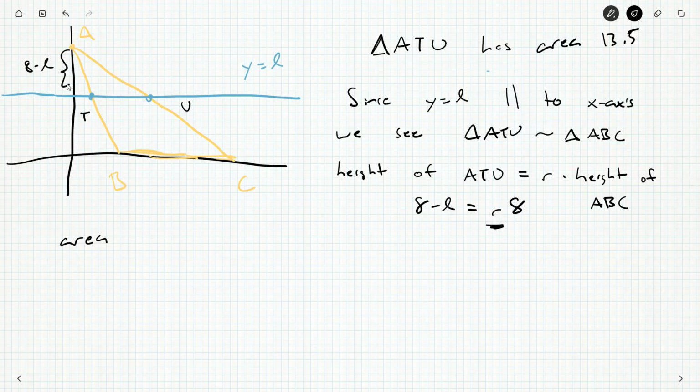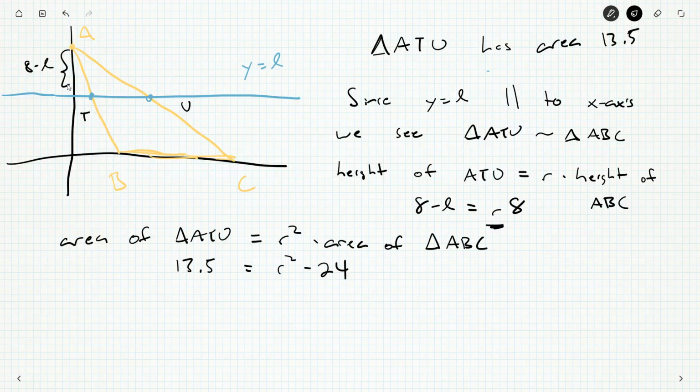Well, the nice thing about similar triangles with the areas and their side lengths having a common ratio, the area of ATU, if their lengths are off by a factor of R, then their areas are off by a factor of R squared. But this one I want to be 13.5. And this one I know is 24.